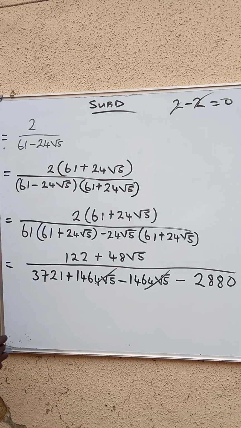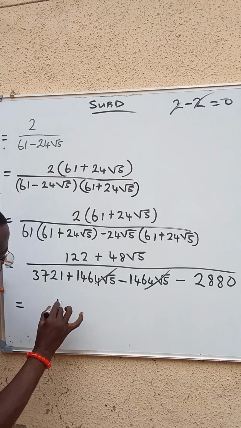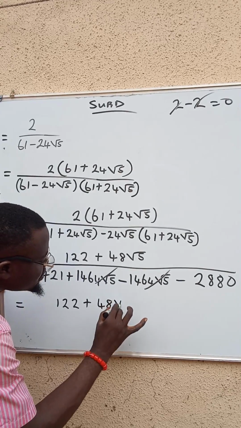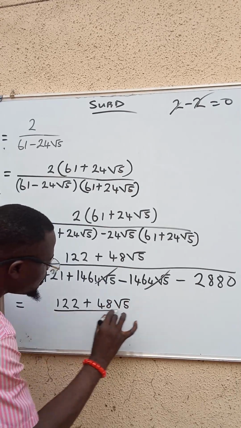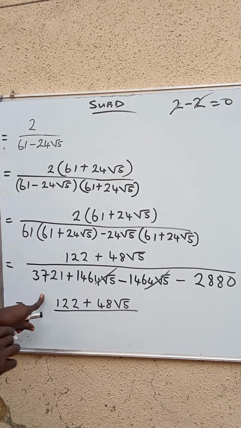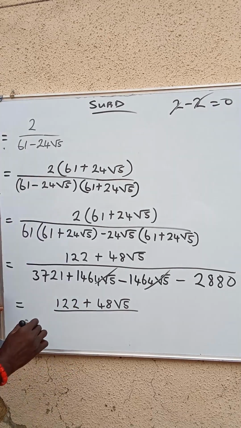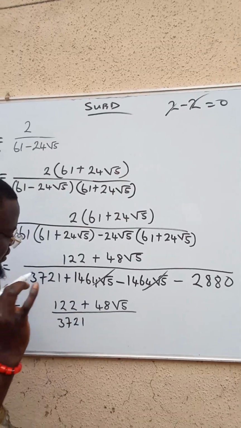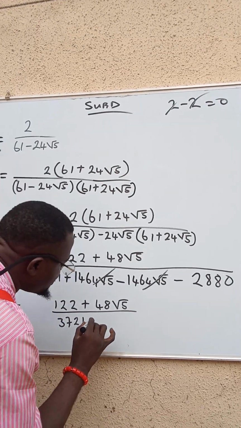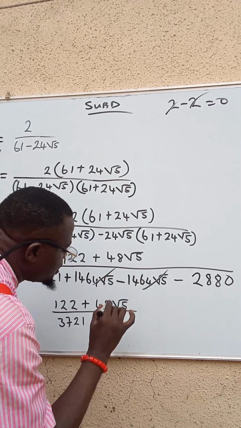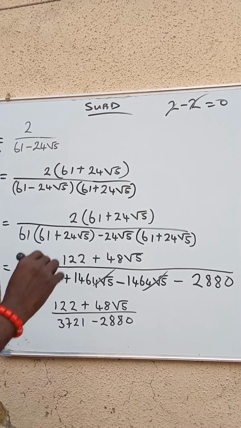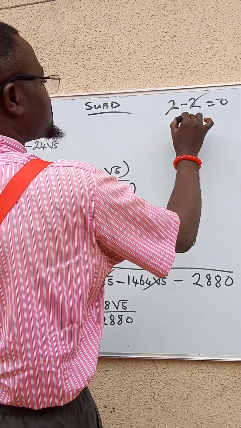So what you are having left from there will now be in this form. 122 plus 48 root 5 over 3721 minus 2880.